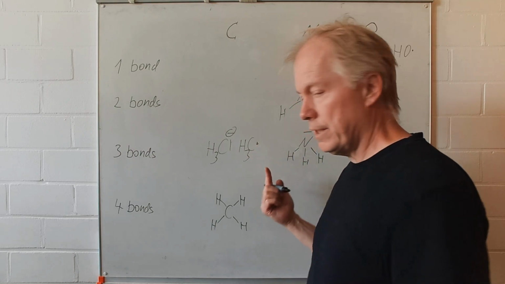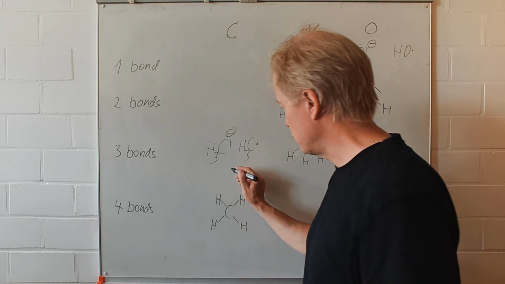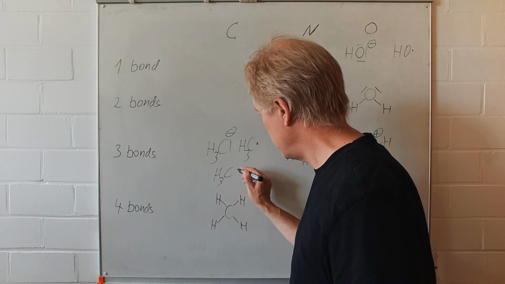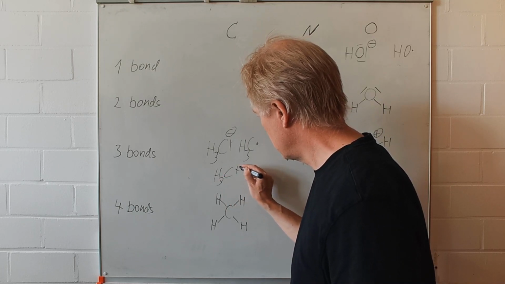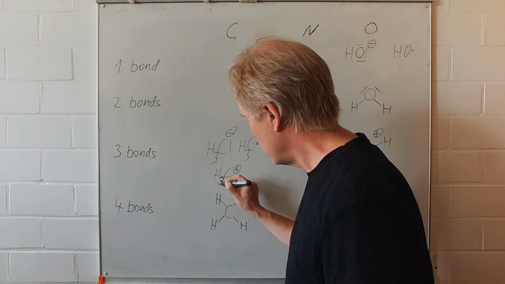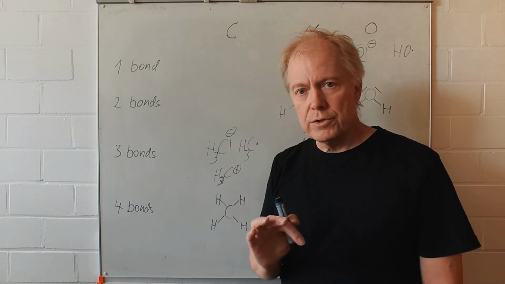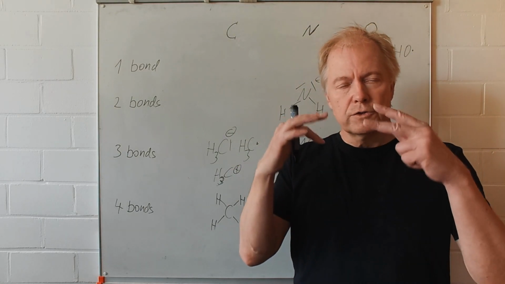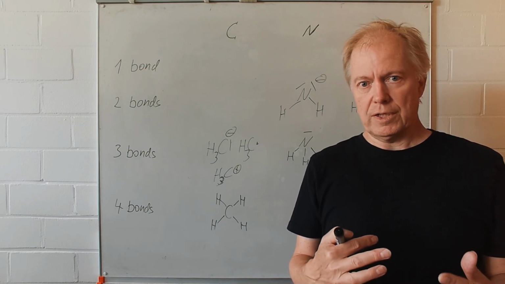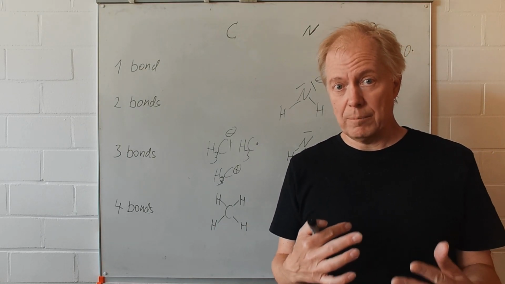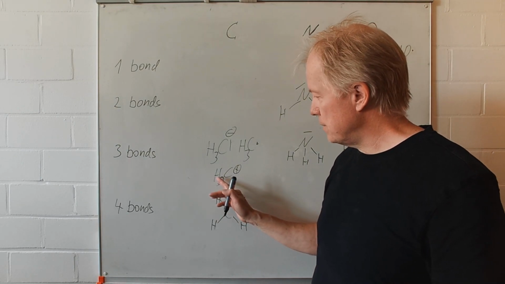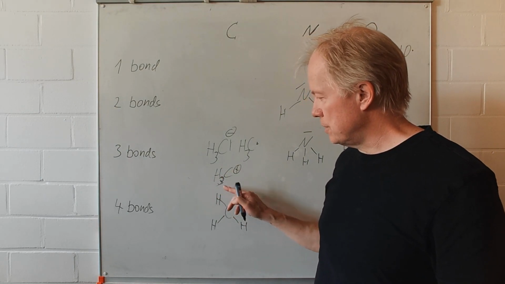If we take away another electron, then we are at the methyl cation, 3 bonded carbon cations.